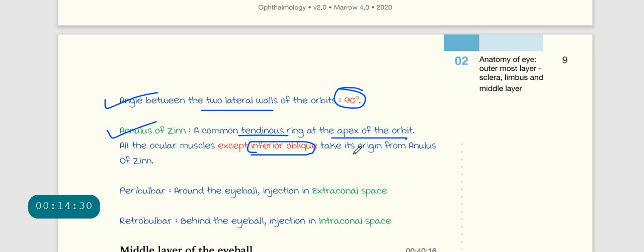In peribulbar, the injection is in the extraconal space, and retrobulbar injections are given in the intraconal space.